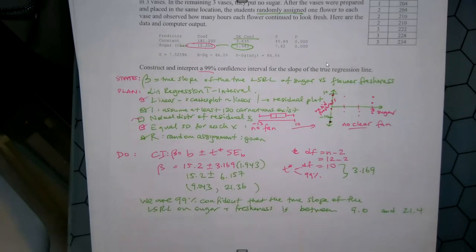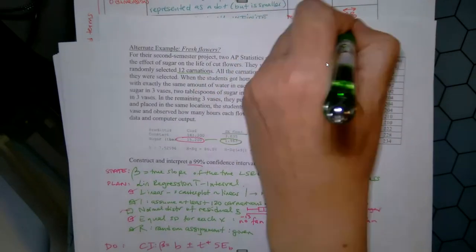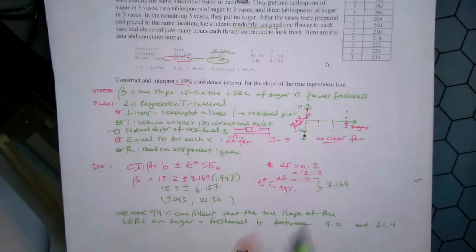And if you're feeling really fancy, units, this is your x, this is your y. For slope, it's rise over run. It's y over x, so it's going to be hours per tablespoon.